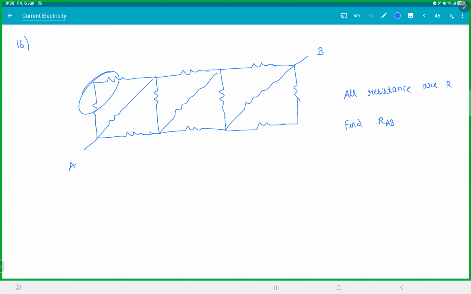These two are in series, and this will be in parallel. So the circuit can be simplified a little more. That's it. You can't simplify more than that. After that, you're done.